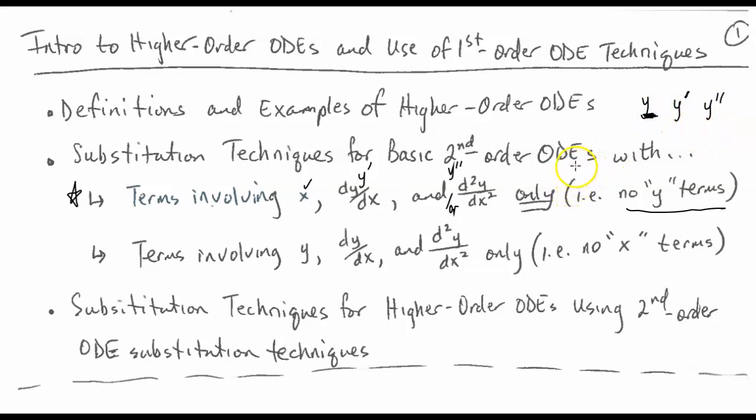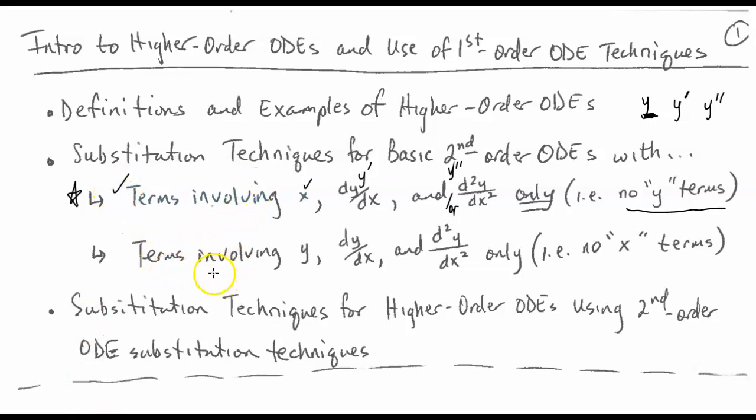So you literally have to see something with just y in it to be able to say, all right, well, that's not what we're talking about here, okay? So if you see something with just x, or a combination of x and y prime, and/or a combination of x, y prime, and y double prime, then it's this first type, okay?